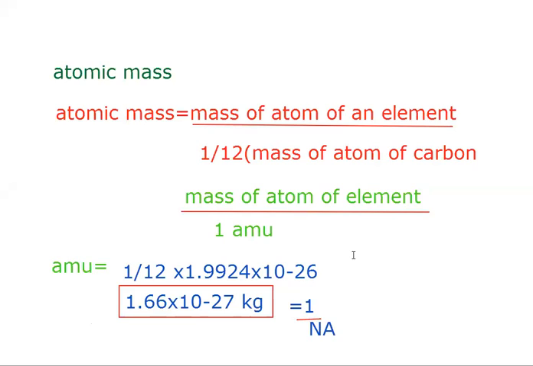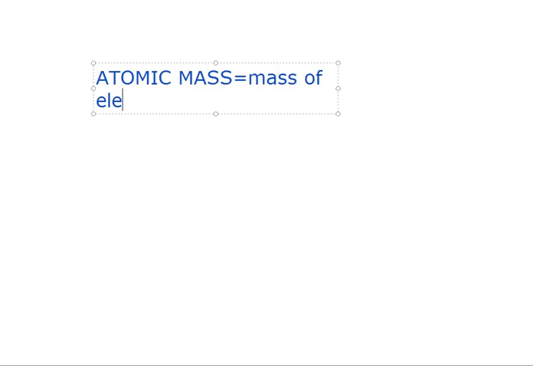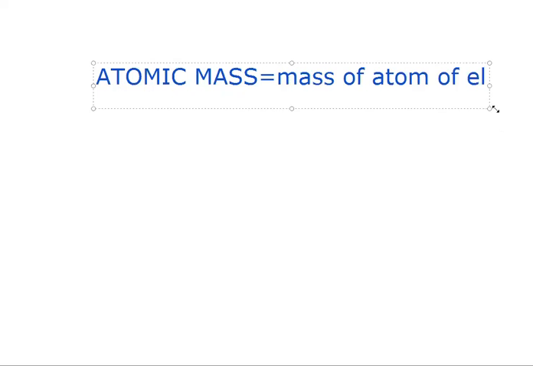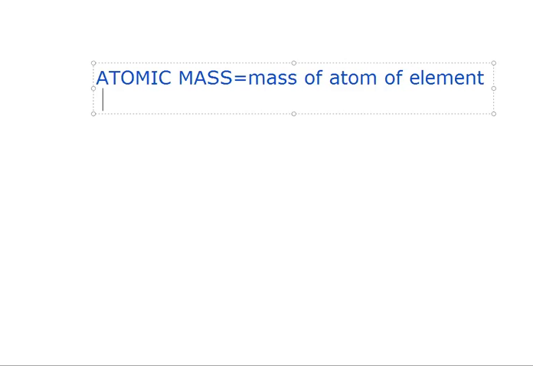Atomic mass equals mass of an atom of element divided by Na, as we have calculated in our last derivation.